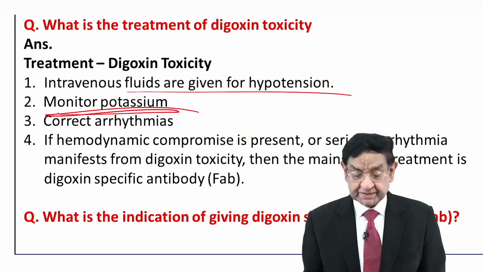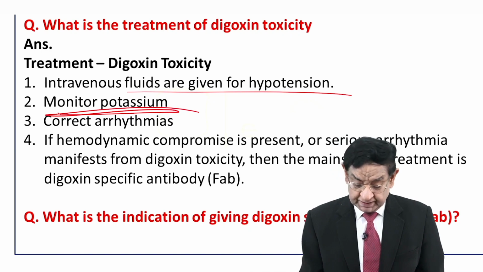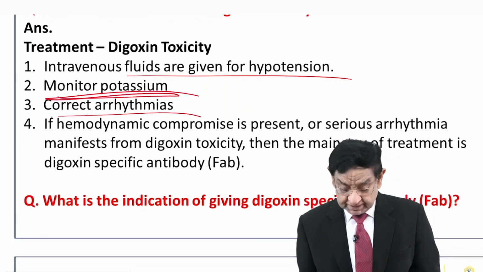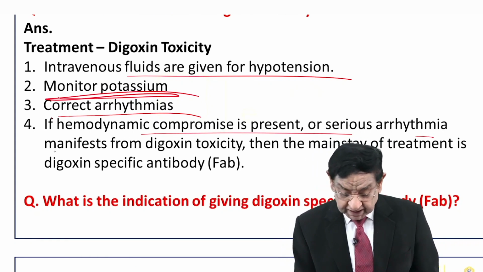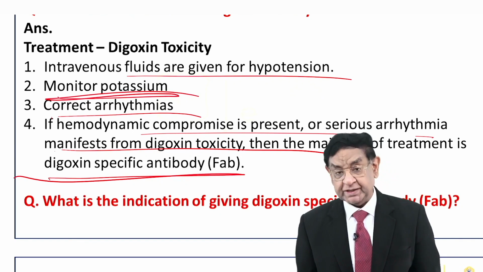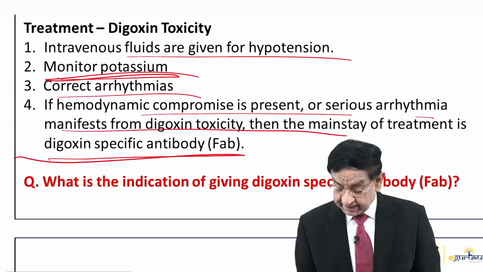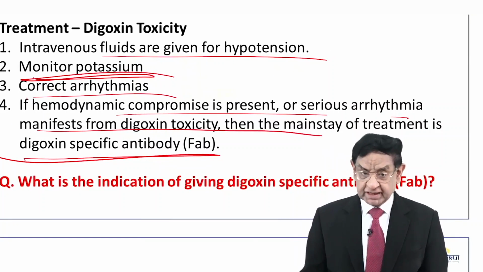Monitoring potassium level is very, very important. Hypo and hyperkalemia both can create problems. Correct arrhythmias, and if hemodynamically compromised or serious arrhythmias are there, then you can go for digoxin specific antibody, so-called FAB, can be given.